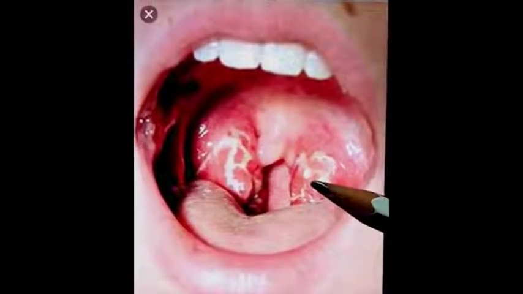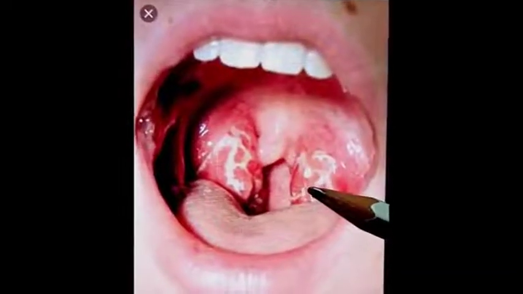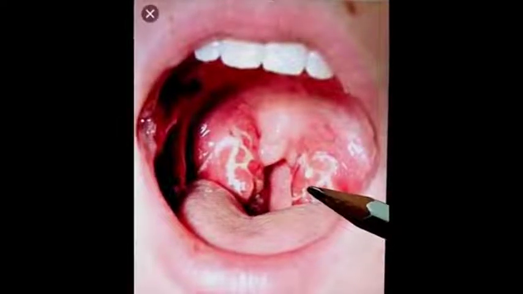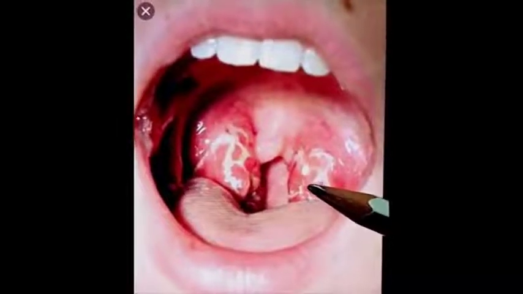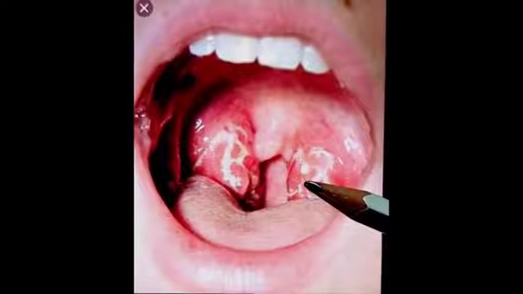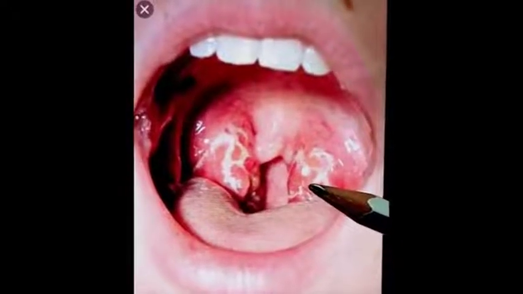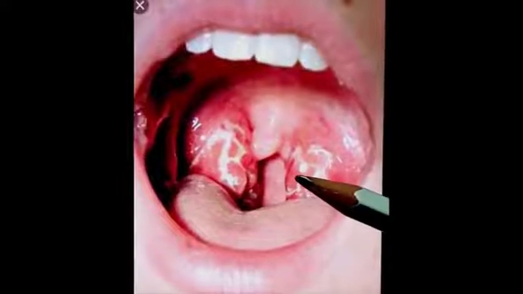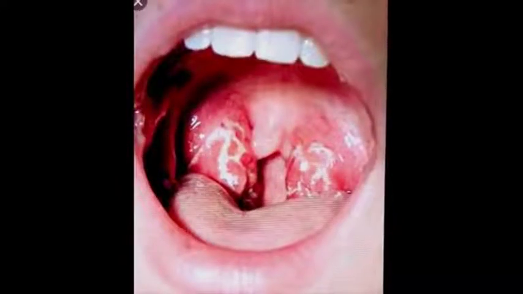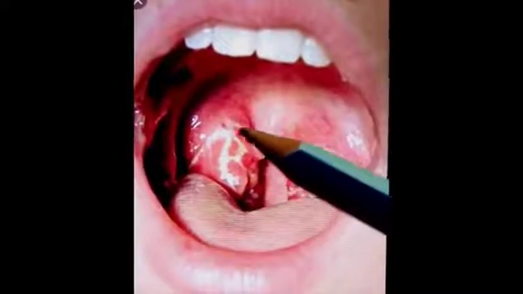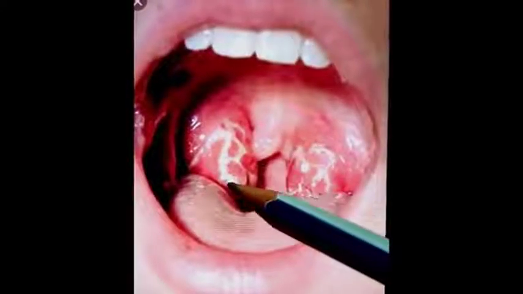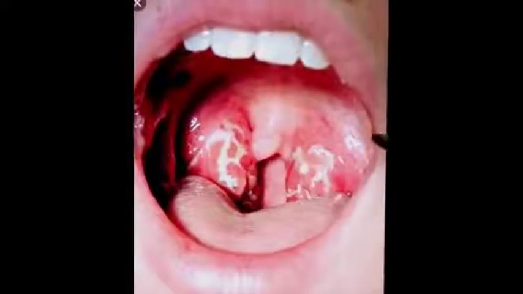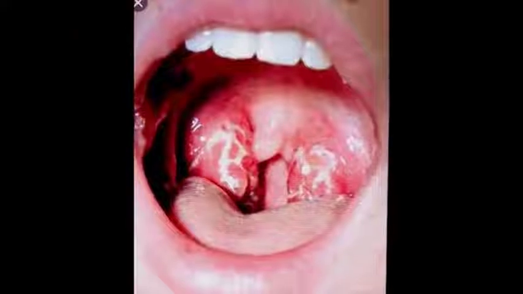The symptoms of peritonsillar abscess are severe throat pain, difficulty in swallowing, fever, etc. And the swollen tissue may also block the airway. So this whitish appearance of the tissue is the collection of pus within the tonsils.